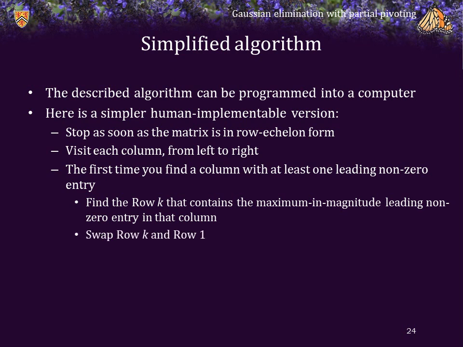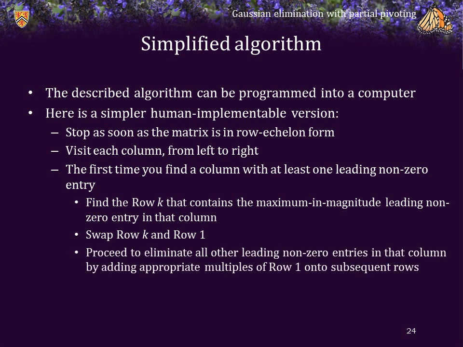Because this is the first time that you've found a column with a leading non-zero entry, we will swap that row K and row 1. You will then proceed to eliminate all other leading non-zero entries in that column by adding appropriate multiples of row 1 onto each subsequent row.